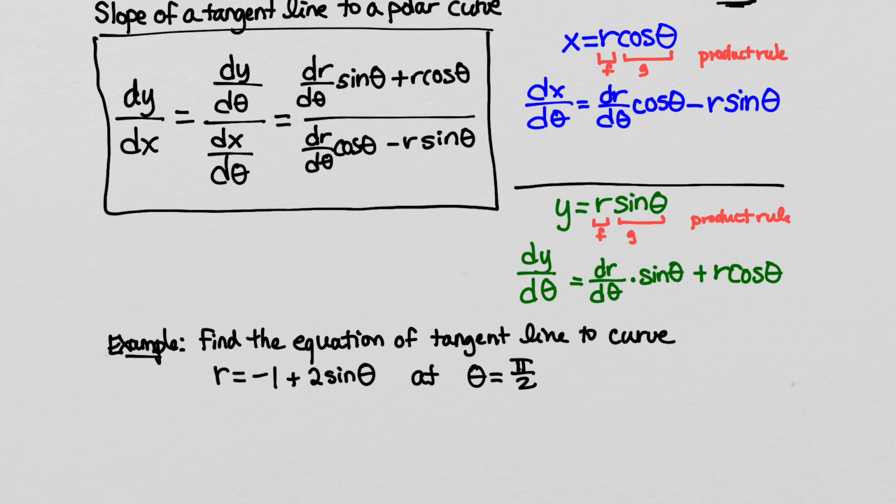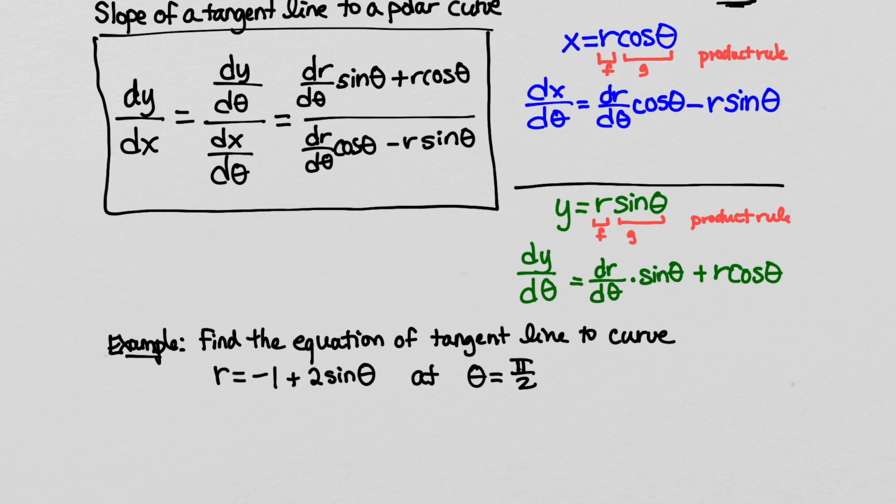Let me see what these look like, -1 plus 2 sine of theta. Well, we'll do it anyways. We'll see how this works. I have no idea how this is going to turn out, but we might as well do it. All right, here we go.